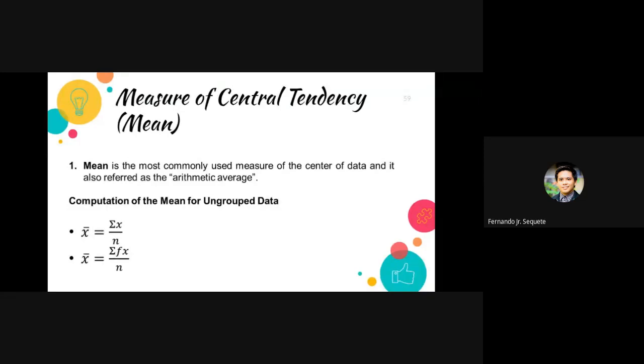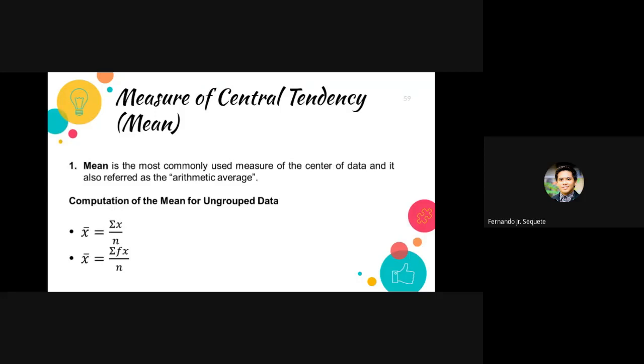So you will be computing for ungrouped data and at the same time for grouped data. In this discussion, you will know the difference between ungrouped and grouped data, because later on you will be encountering those terms, the ungrouped and the grouped data, and what the difference between the two is.